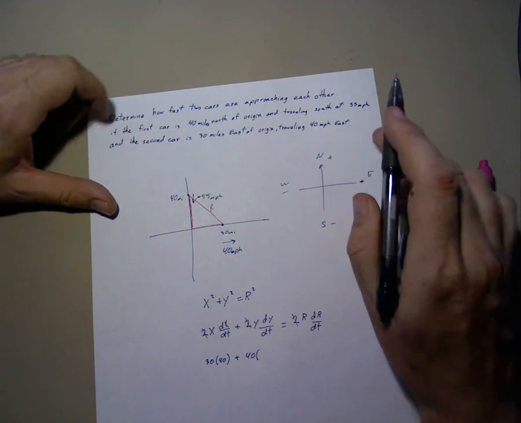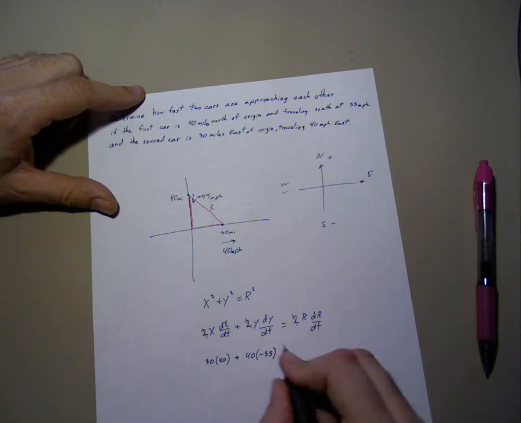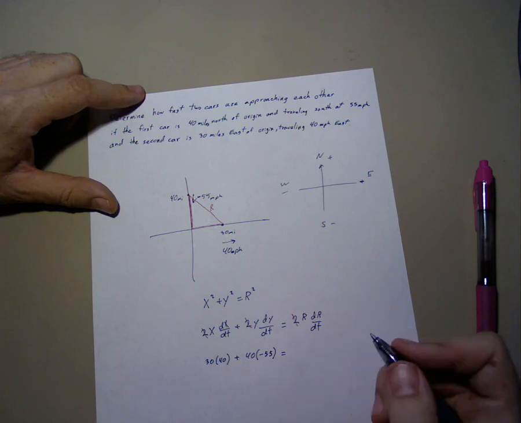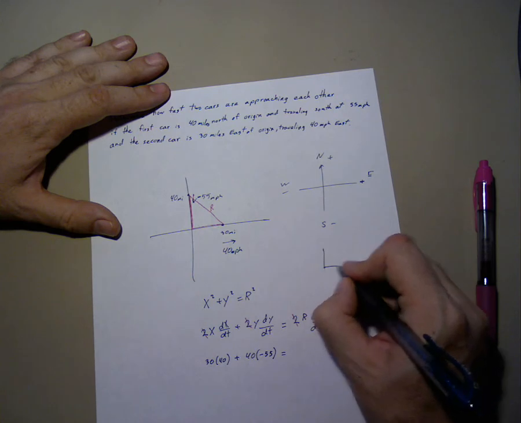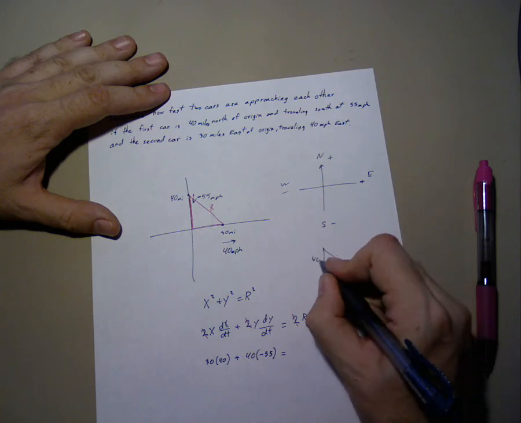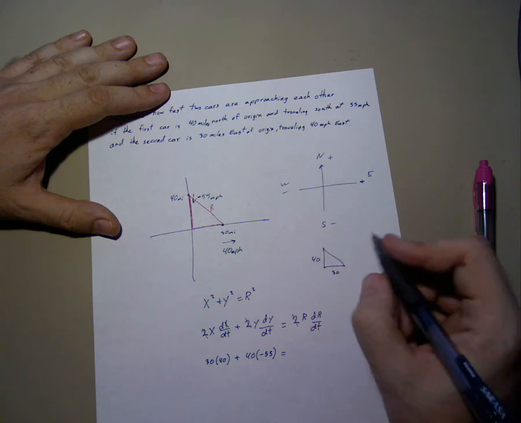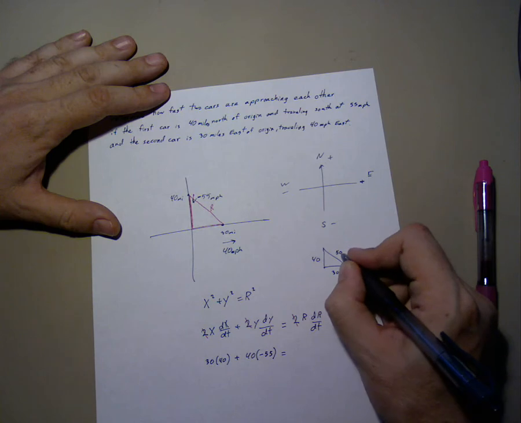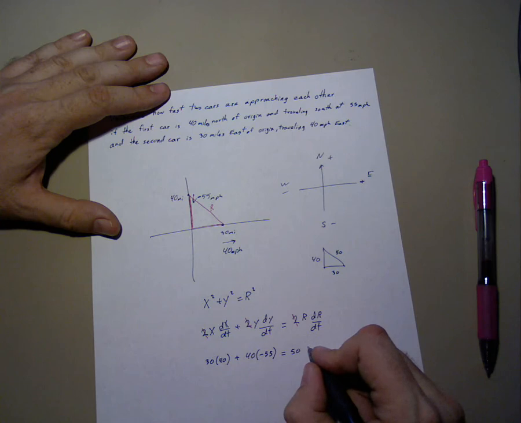That south means that 55 is negative. Equals r dr/dt. What's r? Well, if we have a triangle with 40 here, 30 here, we can use the Pythagorean theorem to learn that the side must be 50. So we have 50 dr/dt.